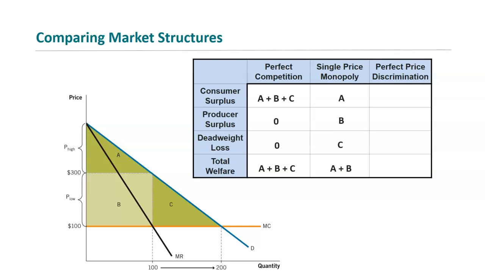Lastly, let's look at this market as though it is a monopolist who is practicing perfect price discrimination. So remember, now under perfect price discrimination, the monopolist is going to charge every customer exactly what that customer is willing to pay, right?